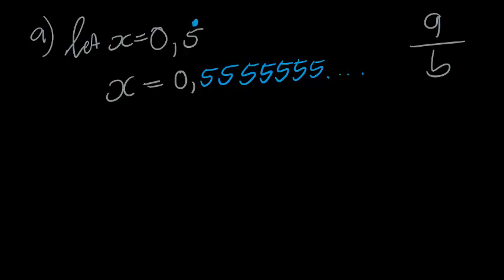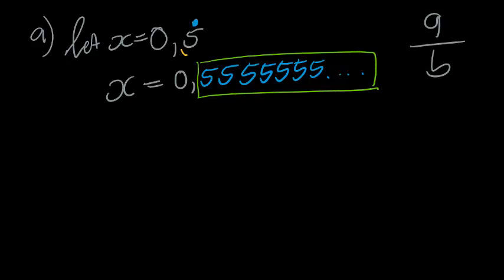So what we want to do is get a number that has got nothing behind the comma. We want to get rid of this because it is going to make it very difficult to get your fraction. So we want to eliminate all those 5s. In order to do that, we are going to say that the number of recurring digits is only one digit, right?